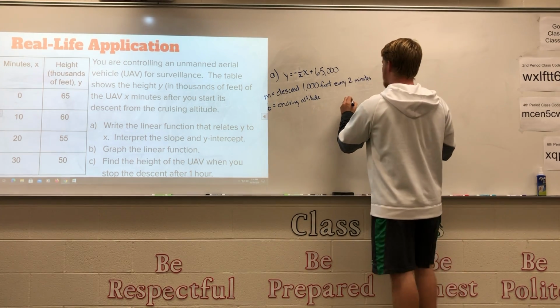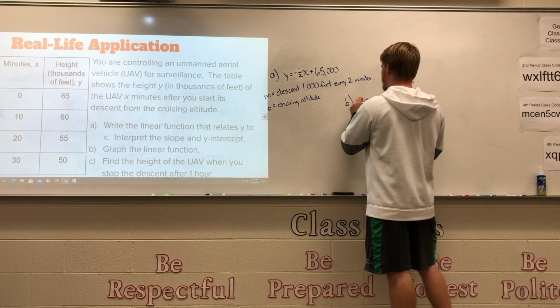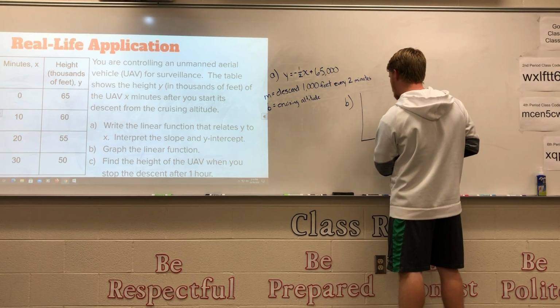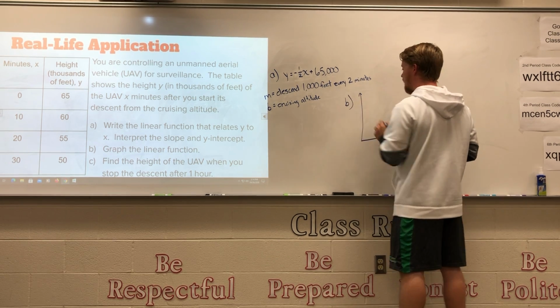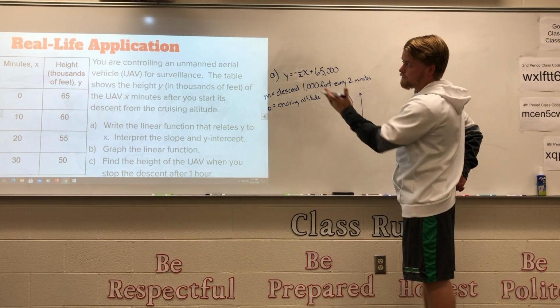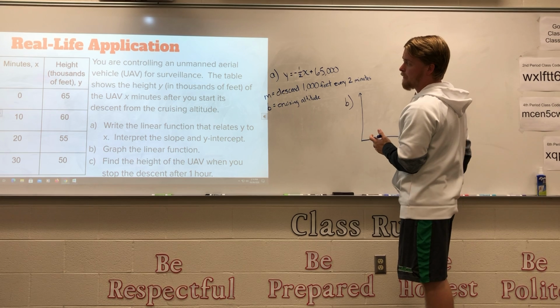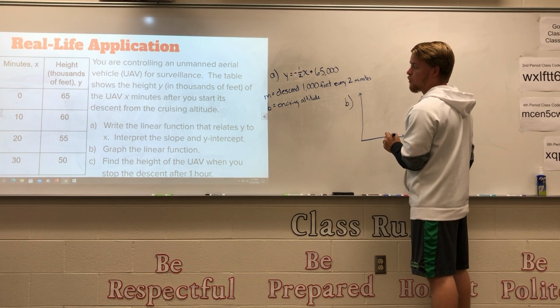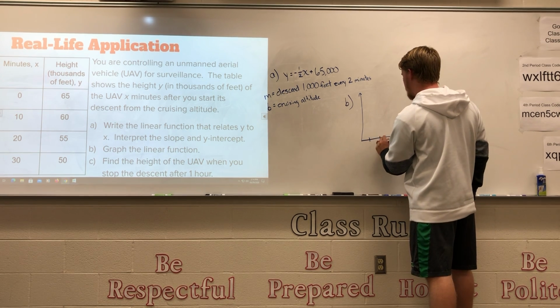Okay, so you can just make your own graph here. Doesn't have to be anything great. But then you just want to look at what you're going by. So like we have 0, 10, 20, 30, so I can do 10, 20, 30 on my x.